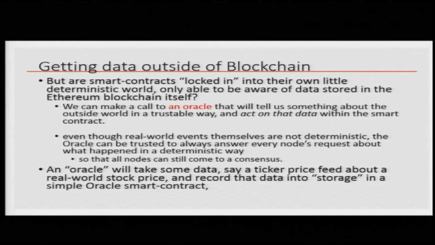So smart contracts are locked into their own little deterministic world and not able to get data from outside the blockchain. So this would have been a problem. For example, suppose your smart contract is based on stock market transactions, or it might be based on the weather, and this is information that's not residing on the blockchain.